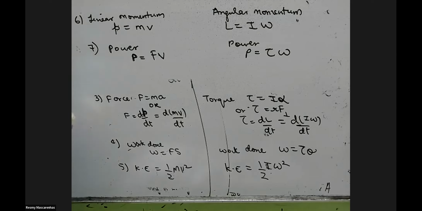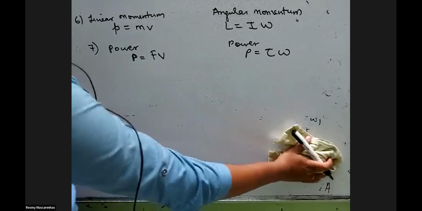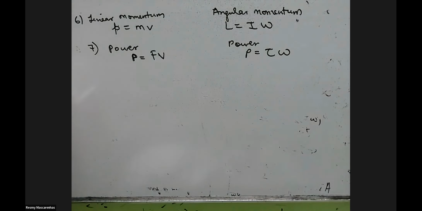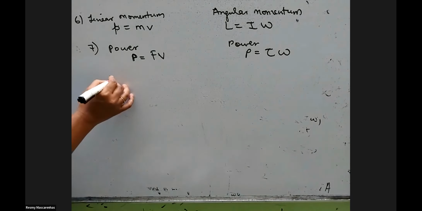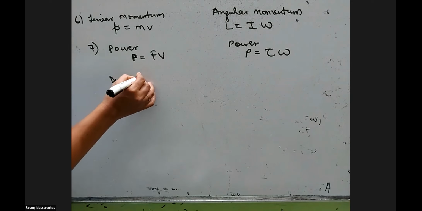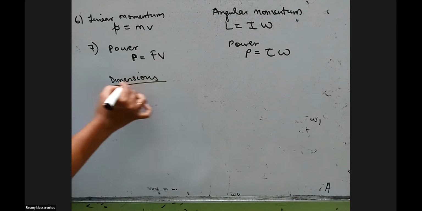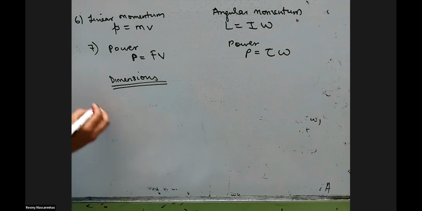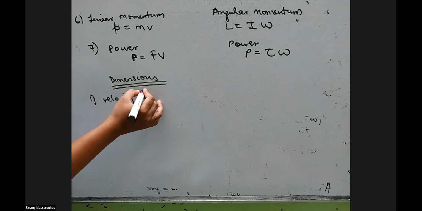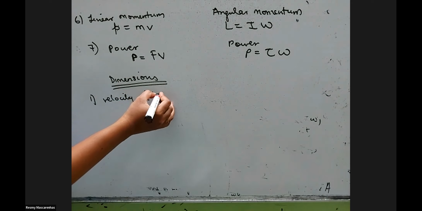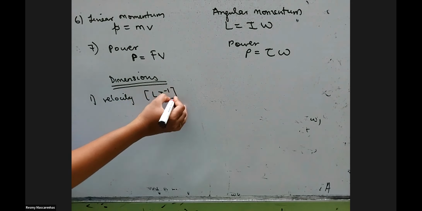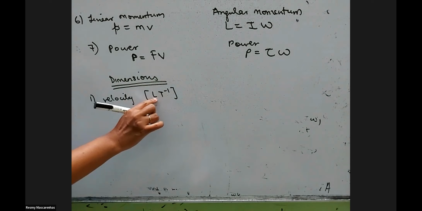Next is dimension comparisons if you want. Velocity is M0 L T minus 1.